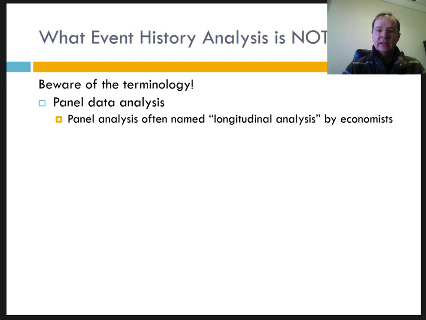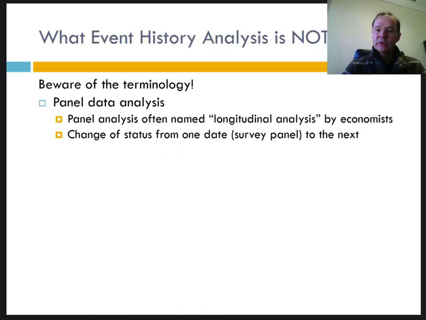The analyst is interested in the change of status from one panel to the next. However, the dates of these changes are not usually recorded. In other words, events are not recorded, only differences in status between two fixed survey dates. On the contrary, in event history analysis, all dates of changes are recorded.